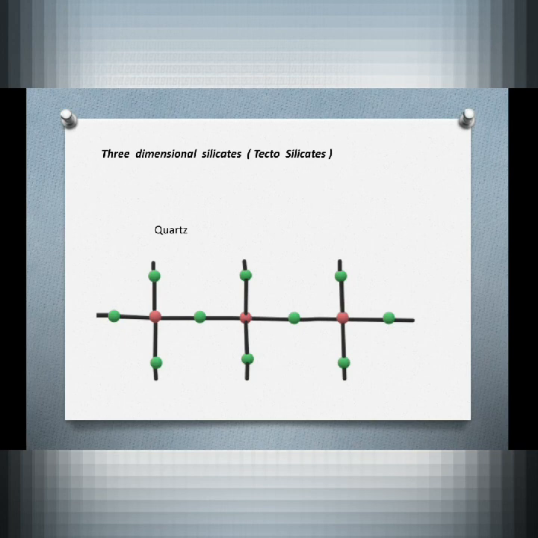So from 4 oxygen atoms, the contribution of oxygen atoms per tetrahedral unit is 2, that is half from here, half from here, half from here, and half from here. That is, the contribution is 2 in this case, and if there are n tetrahedral units, then the structure will be SiO2 whole n.